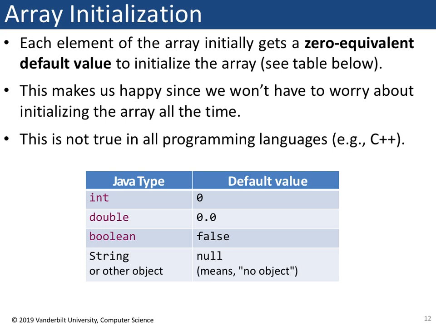If we're dealing with an array of type Boolean, each value will be initialized to false. If we declare the array to be of an object type like string or point, then the array is initialized with each element having the value null. Null means we have not yet assigned a reference to an object to that location in the array.